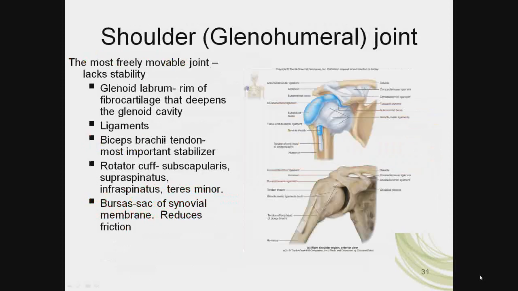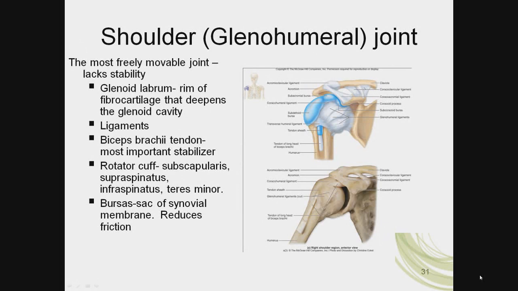Now I would like to talk about some special case joints, ones that are particularly clinically relevant. I'd like to start with the shoulder or glenohumeral joint. It is commonly referred to, as I just said, as a shoulder joint. It is a ball and socket joint formed by the articulation of the head of the humerus and the glenoid cavity of the scapula.